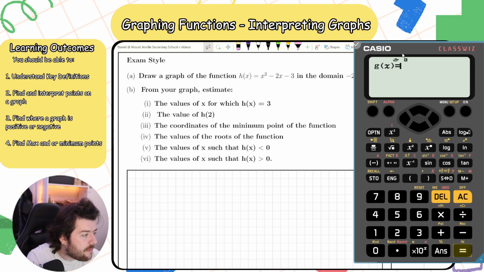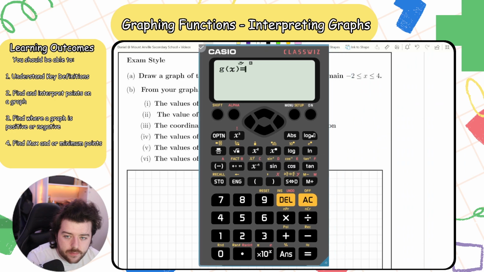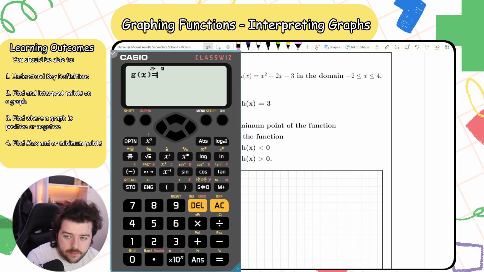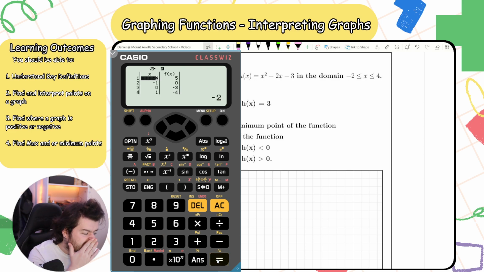And then the domain, I believe, is minus 2 to 4. So I'm starting at minus 2 and ending at 4, and I'm going to go up in ones. Looking at this, minus 2 gives 5, minus 1 gives 0, 0 gives minus 3, 1 gives minus 4, 2 gives minus 3, and so on up to 5.